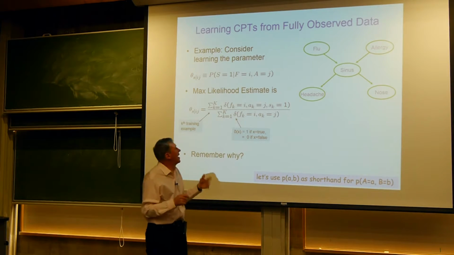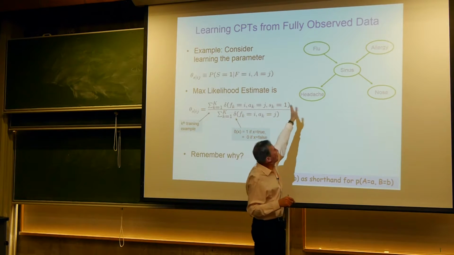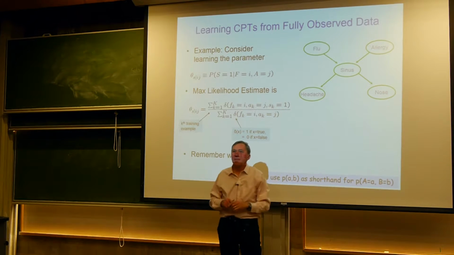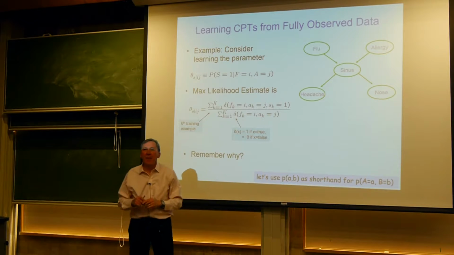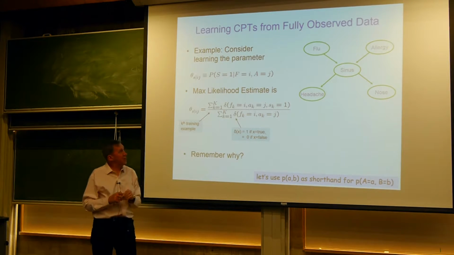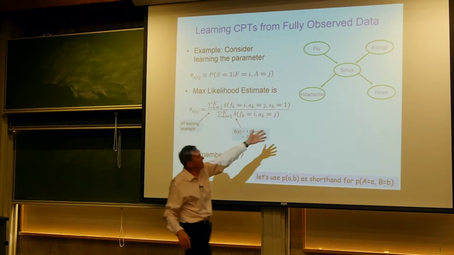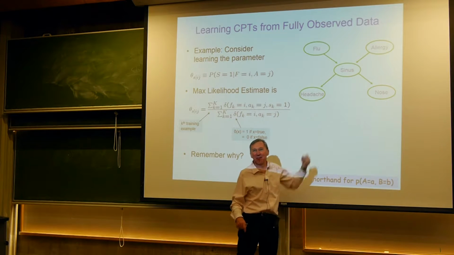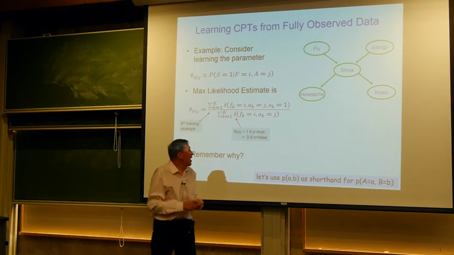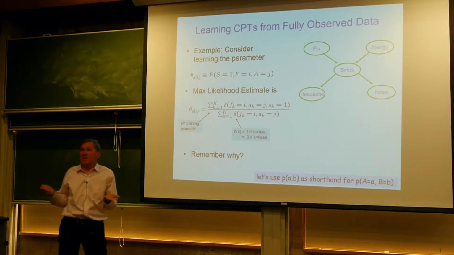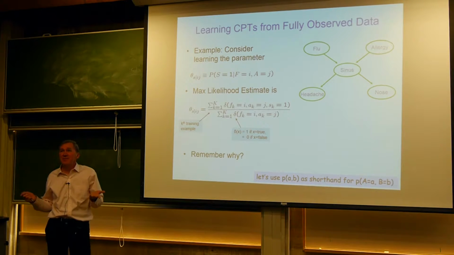So our training data is just giving us for every patient these 5 variable values. And we're also given the structure of the network. A doctor told us that this is the correct way to think about the joint distribution. So now the question is, how do we estimate those conditional probability tables?